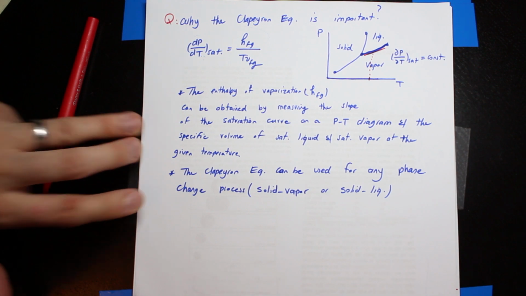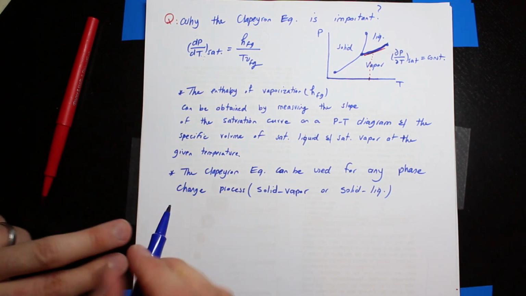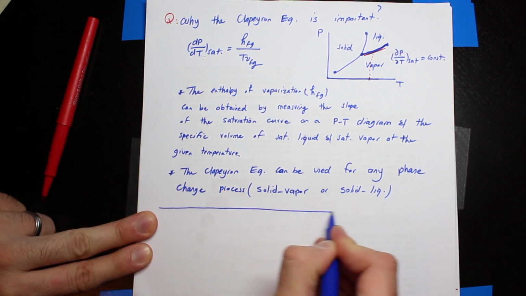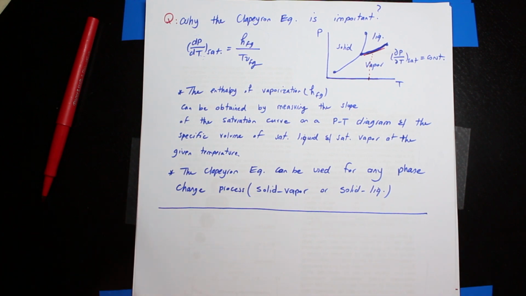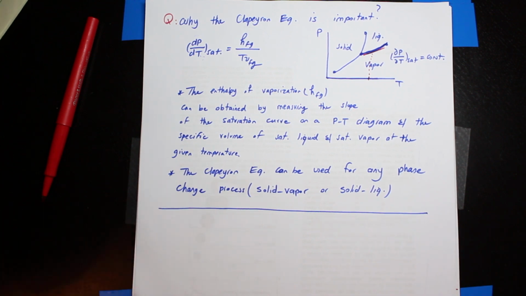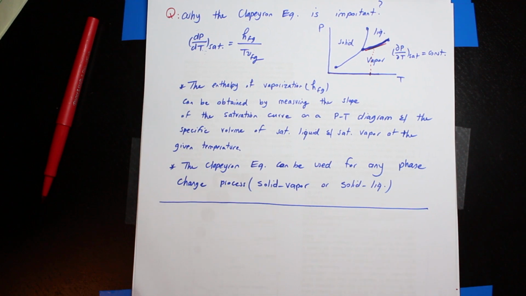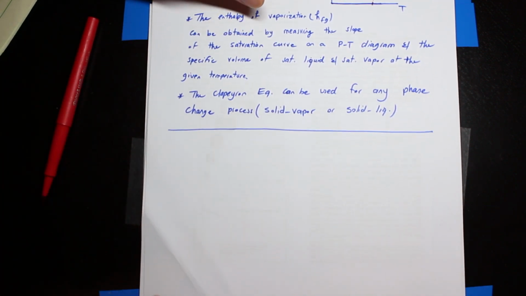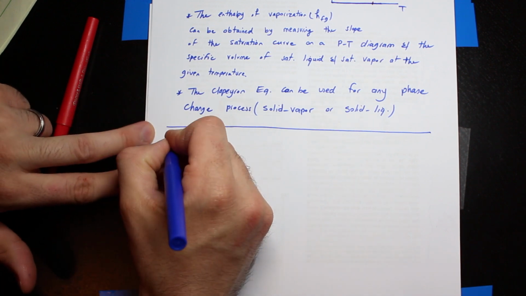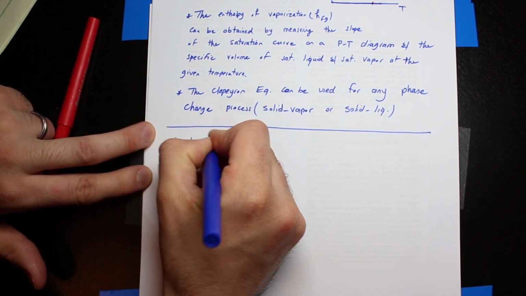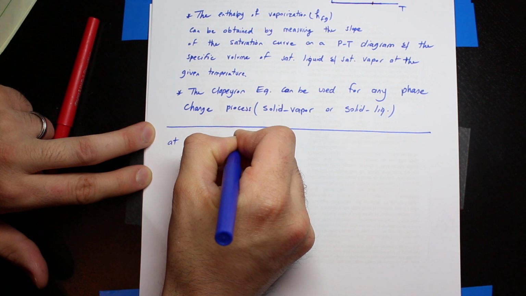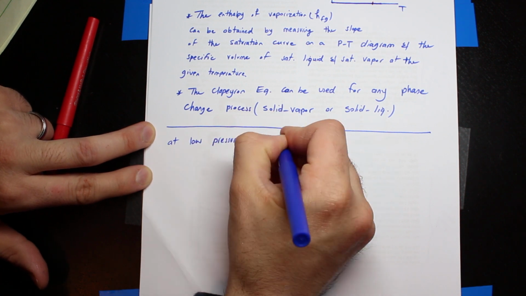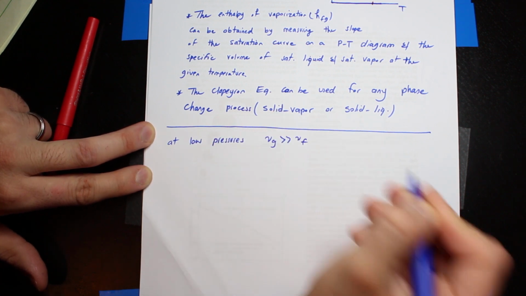Okay? So the other thing is, whenever we are discussing low pressures, the specific volume for the vapor phase is much greater than the specific volume for the liquid phase. So at low pressures, Vg is much greater than Vf.